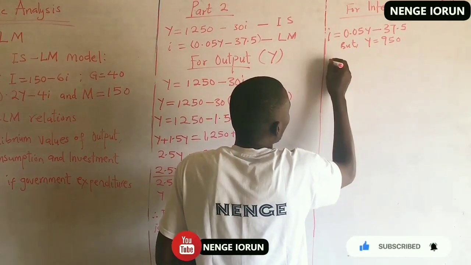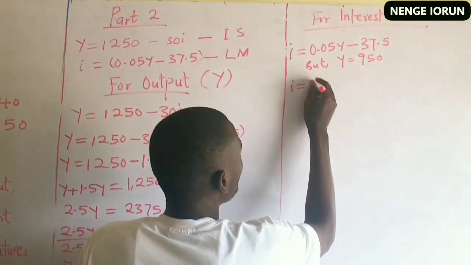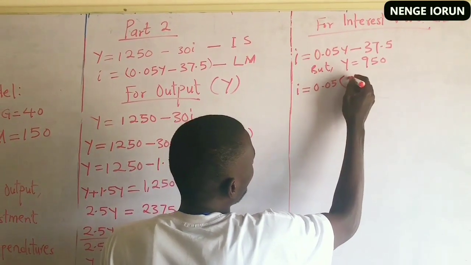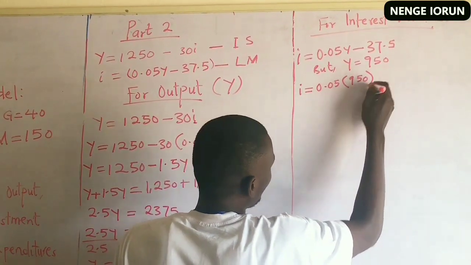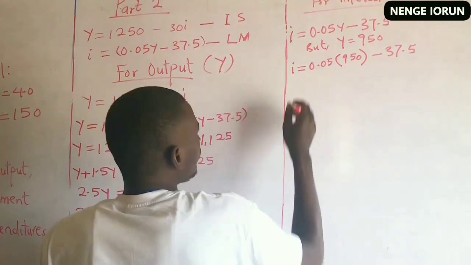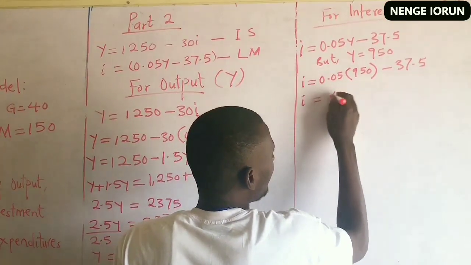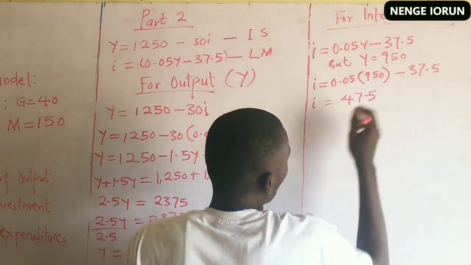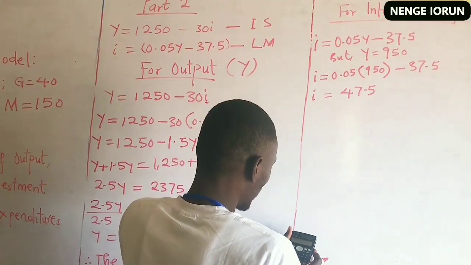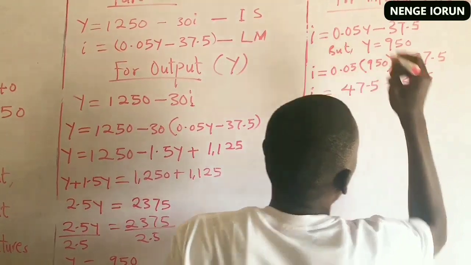Substituting the value, i, which is the interest rate, is equal to 0.05 into, in place of Y, you put 950, minus 37.5. Now you have to remove this bracket. If you are still not clear, pick your calculator and check: 950 times 0.05, we have 47.5, then minus 37.5.